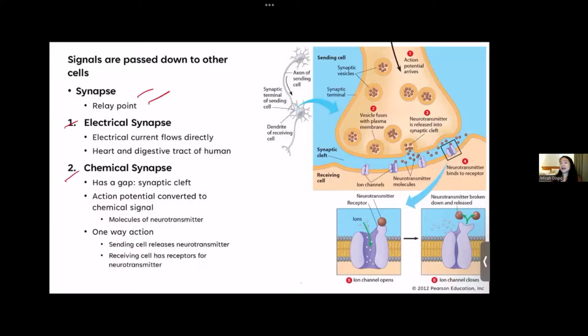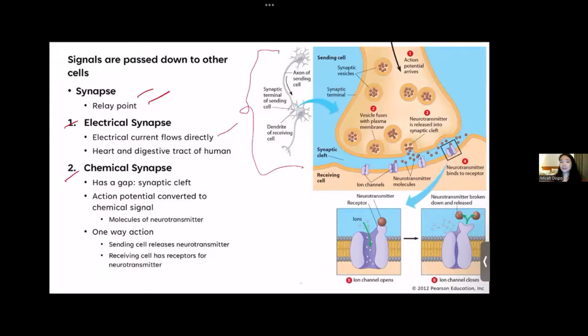So electrical synapses are found in the heart and digestive tract in humans. And these are fast as the two cells, your sending cell and your receiving cell, are essentially connected through gap junctions. So in this type of synapse, the signal flows directly from neuron to effector. There is no gap. While in chemical synapses, which is what we can see here in this illustration, there is a narrow gap between the two cells.